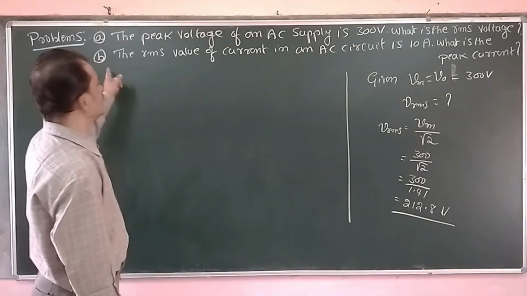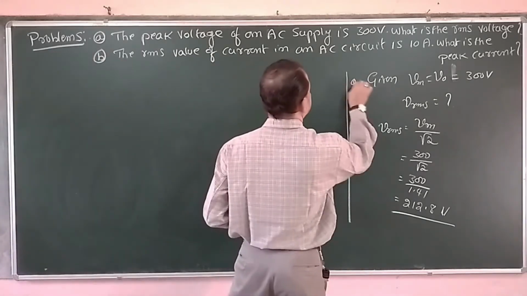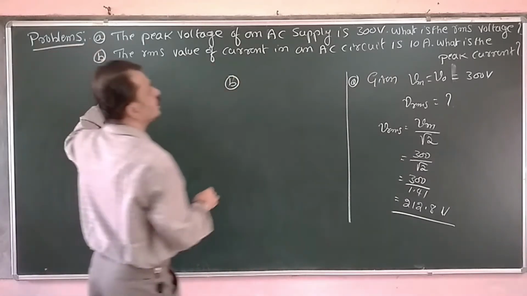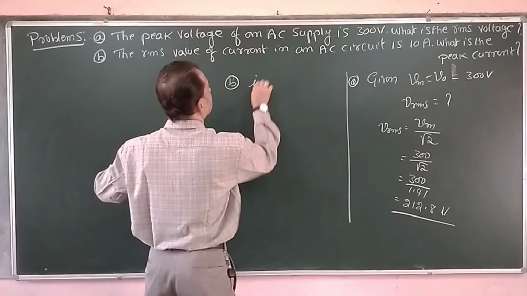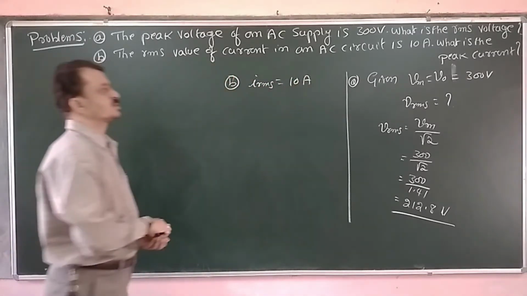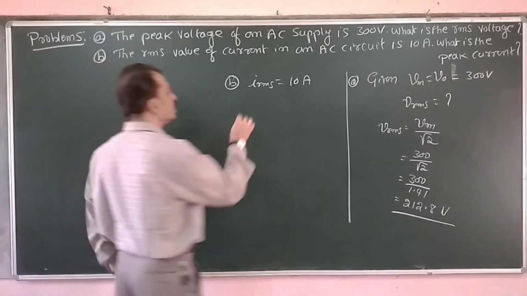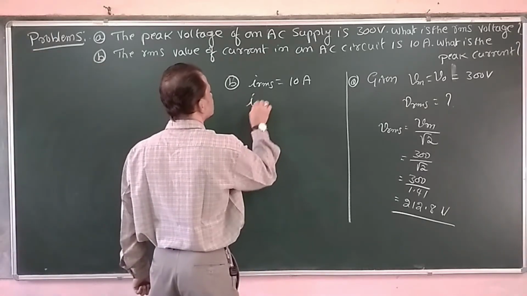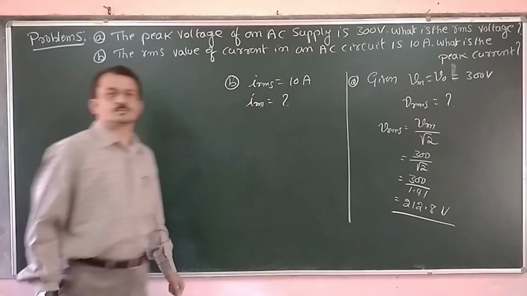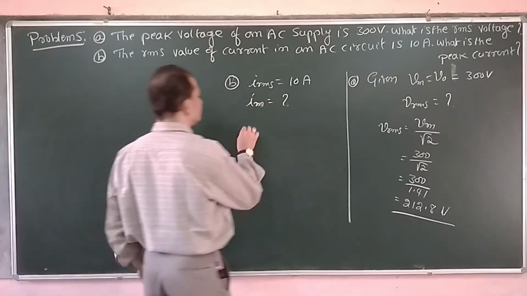Now second part, this is A and B. Here RMS current is given, IRMS is equal to 10 amps. Now we have to calculate the peak value of the current, that is Im. Very simple relation.